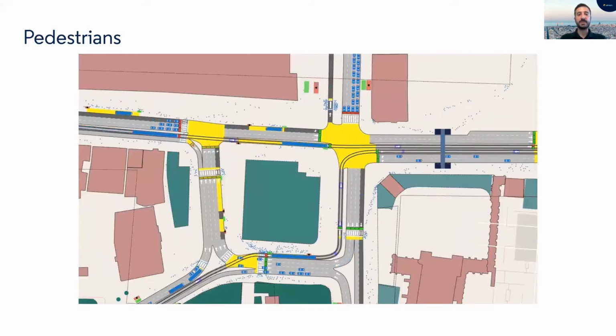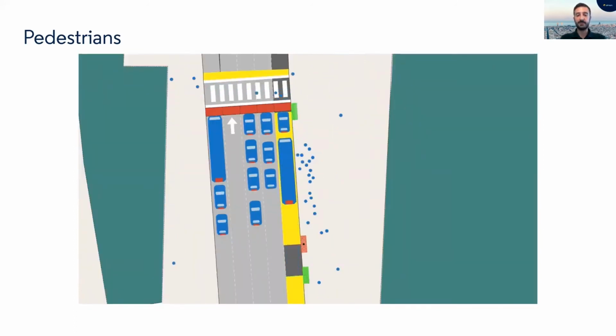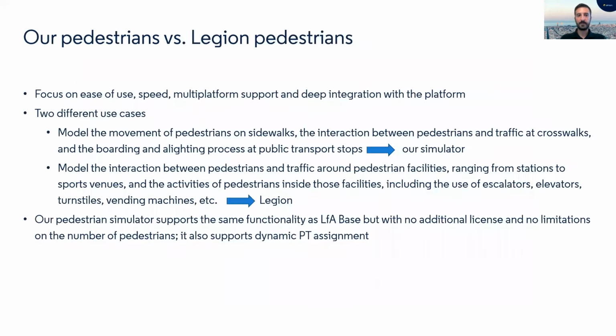What is the reason that someone needs to switch from Legion for Aimsun to the Aimsun Next Pedestrian Simulator? It's faster, as the code is embedded in the Aimsun Next software. It has a limited number of pedestrians. It offers a deep integration and multi-platform support, and it's easy to use.